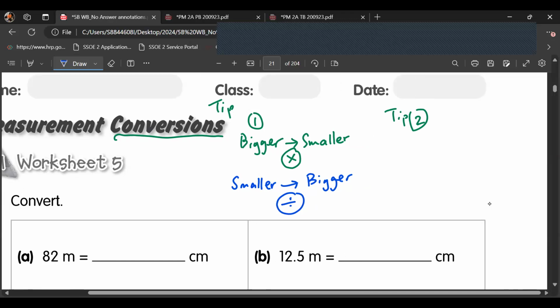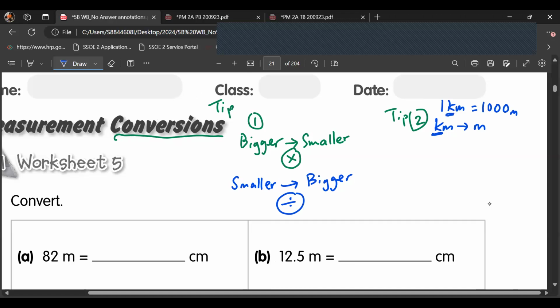Number 1, for length, kilometers to meters. Once you see kilometers, it means 1 kilometer is equal to 1,000 meters. Kilo, that's what it is.